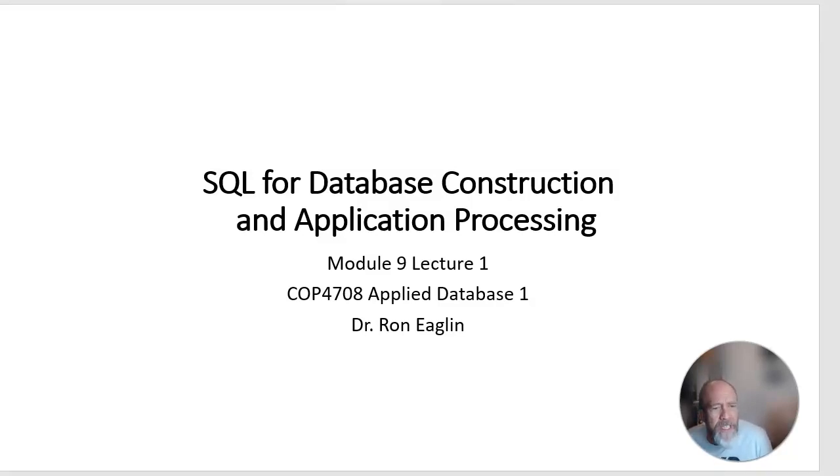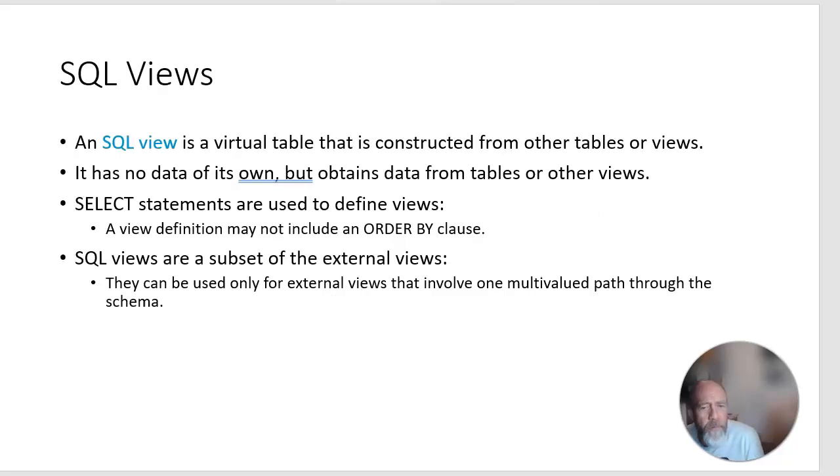So what exactly is a view? Well, a view is a table, but it's not really a table. It's a virtual table. What you do is you take other tables and you combine elements of the other tables and you can define them as a view. Then you can use the view very much like it was a table.